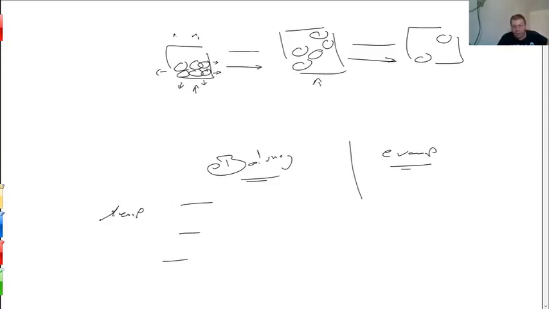The temperature. What's the meaning of this? The boiling has a definite temperature. Water boils at 100, but evaporation happens at variable temperature. This one is a fixed point, this one is a variable point. The location.